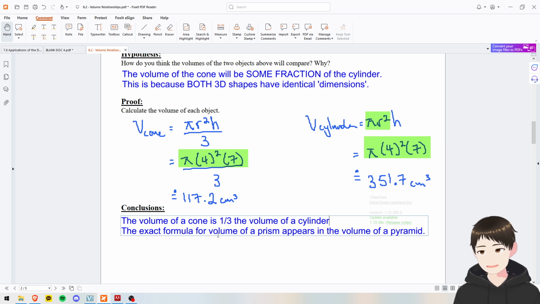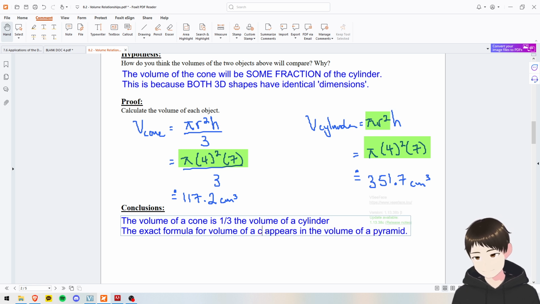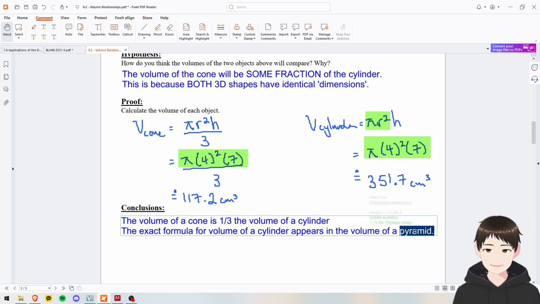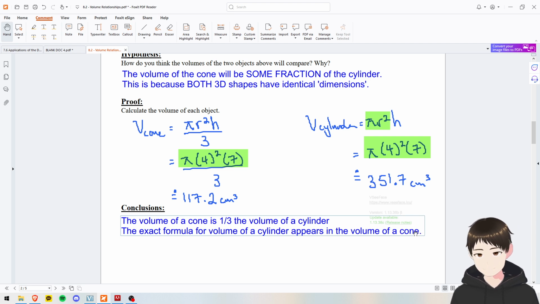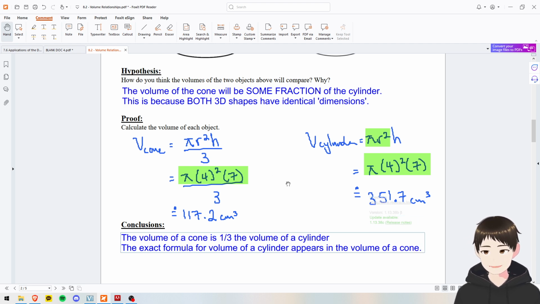The exact formula for volume of a cylinder appears in the volume of a cone. Again, the wording is there. It's long. I don't want you to waste time copying it right now. I want you to grasp the concept that there is directly a relationship, and that relationship is a quantity factor of 1/3.